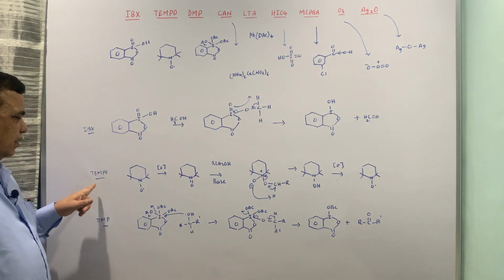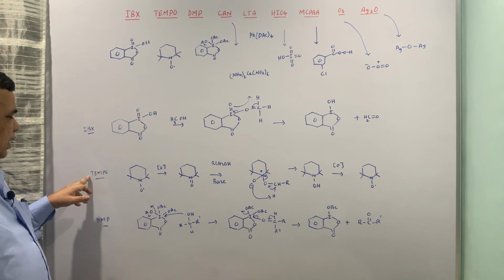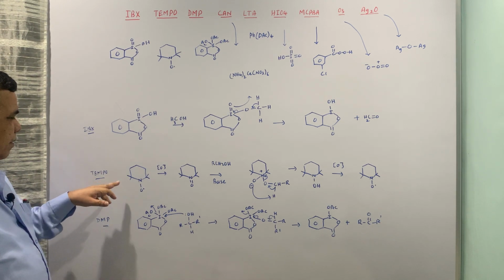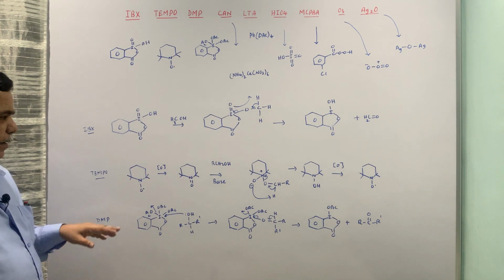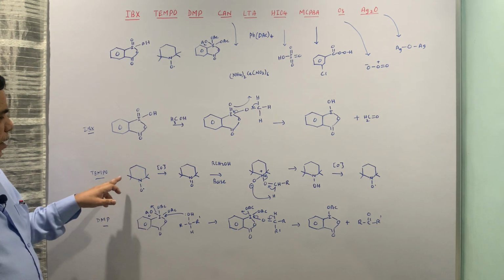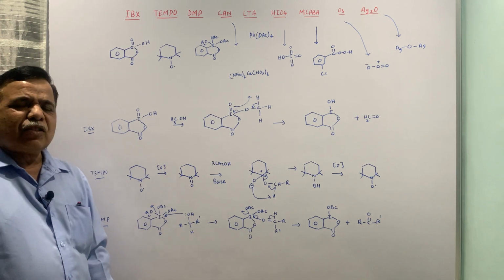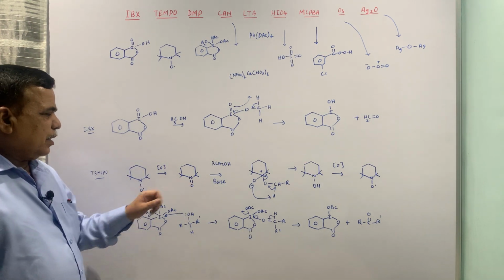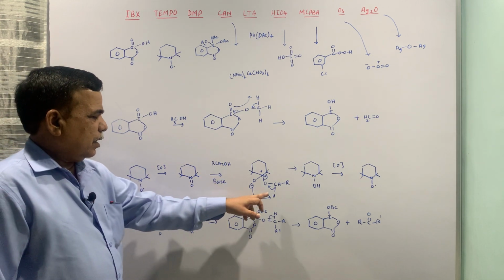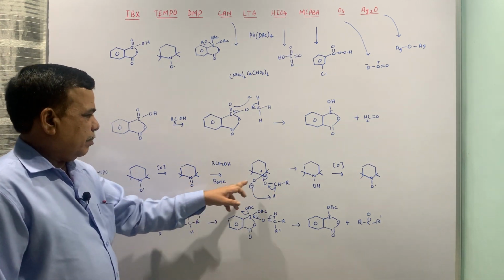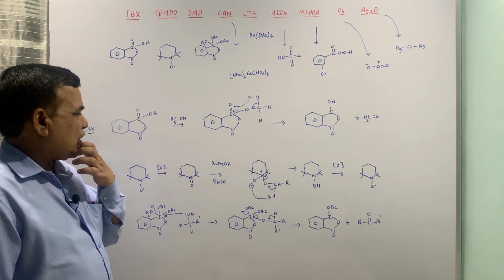Now this is a peculiar reagent, TEMPO, tetramethylpiperidinyl N-oxide, that is the name. When this is subjected to a secondary oxidizing reagent, this becomes N double bond O. Then addition of alcohol to this will make this N-oxide, wherein nitrogen will have 4 bonds.